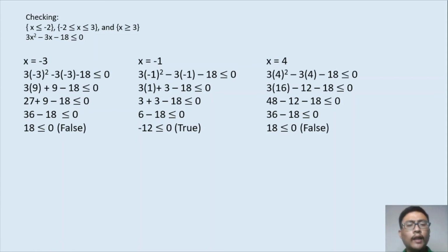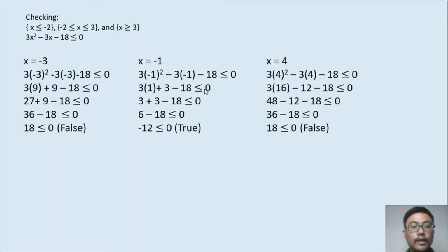So, that is a false statement. So, lumalabas dyan, ang true lang is yung sa x is greater than or equal to negative 2 and less than or equal to 3. So, ang analysis dyan is that this interval, or yung critical points dun sa gitna, no?